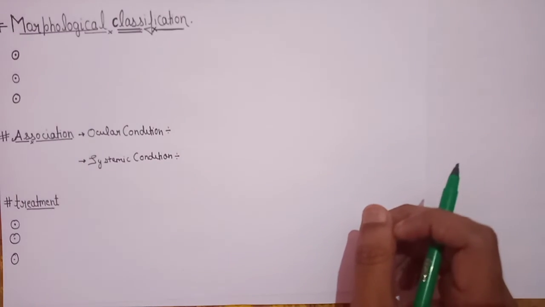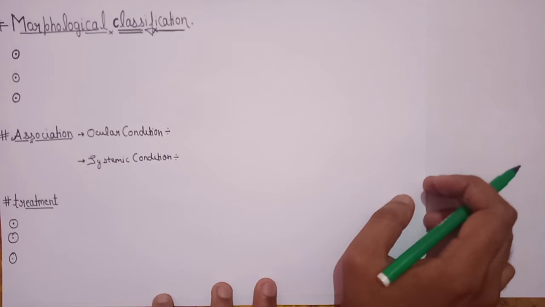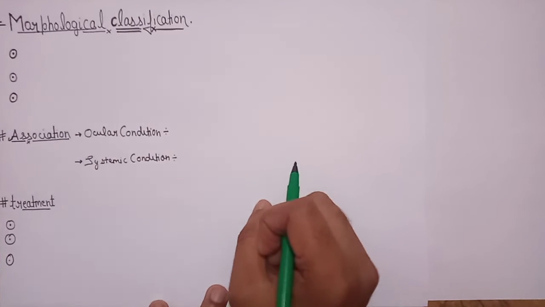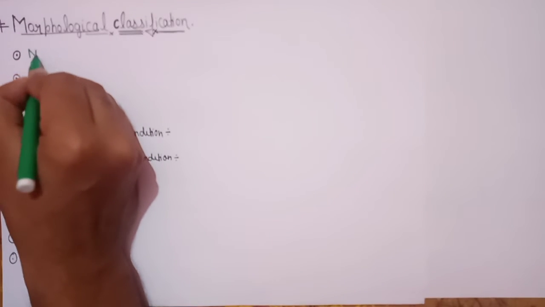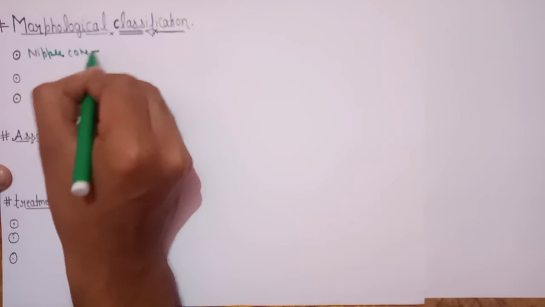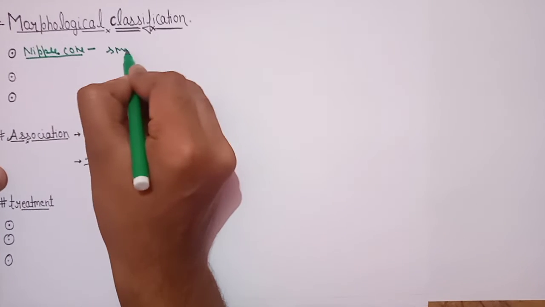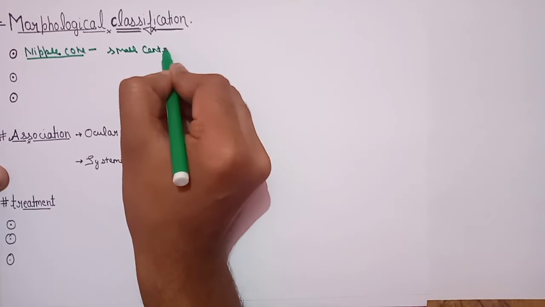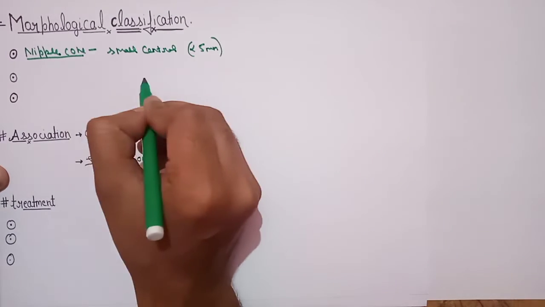Morphologically, we divide keratoconus into three shapes. First is the nipple cone. A nipple cone is a small central cone, less than 5 mm on the curvature of the cornea.